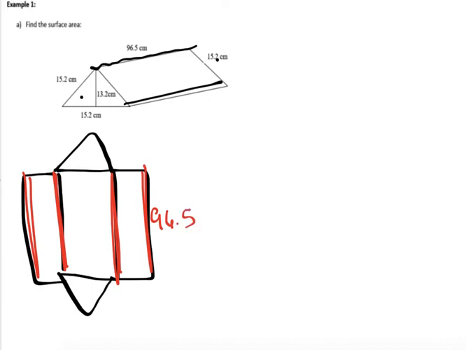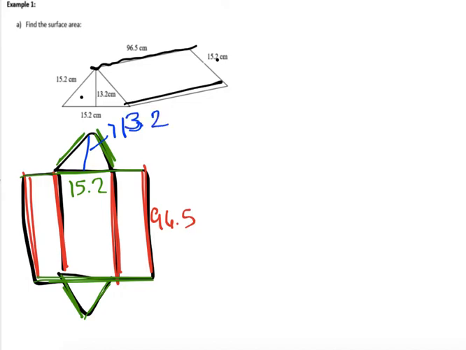The part that is in green is all 15.2. That includes the sides of our triangle as well. They're 15.2 as well. Now the height of my triangle is given to me as 13.2.